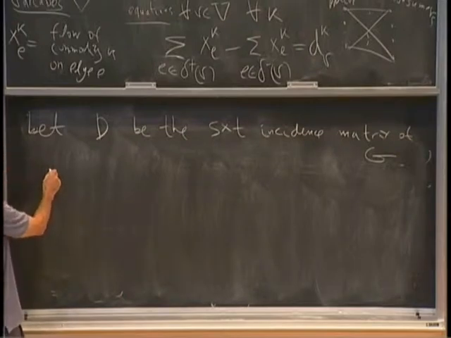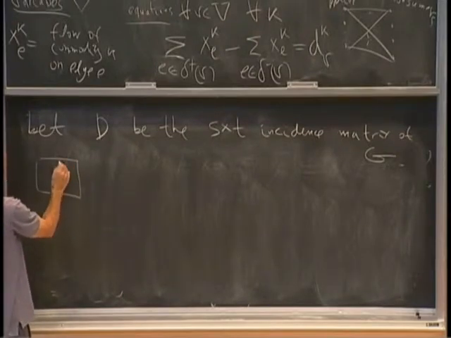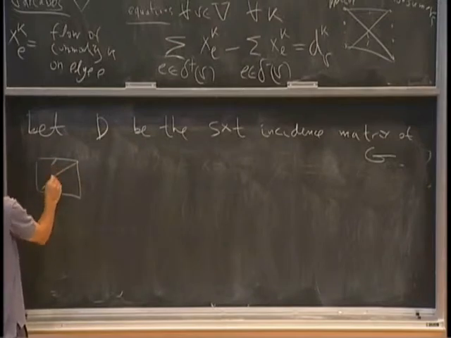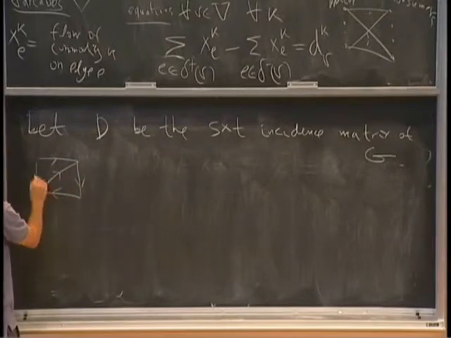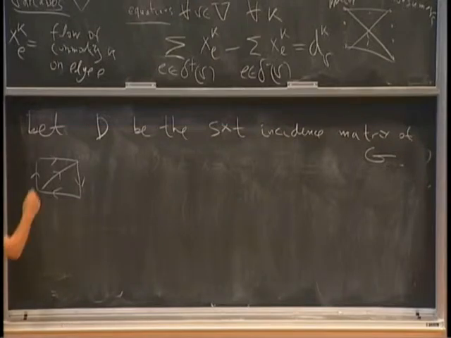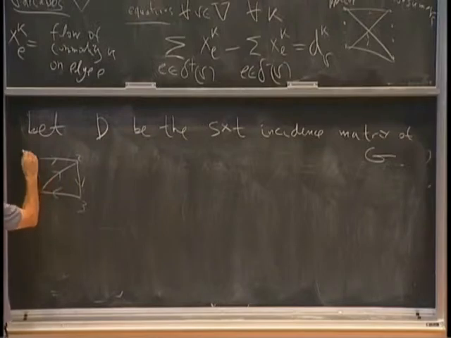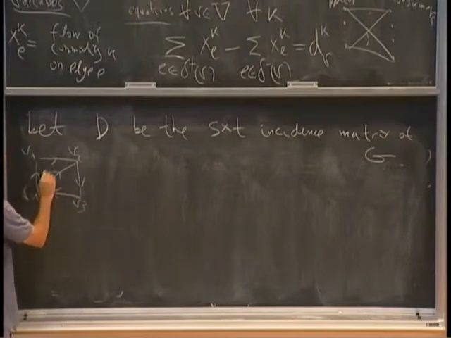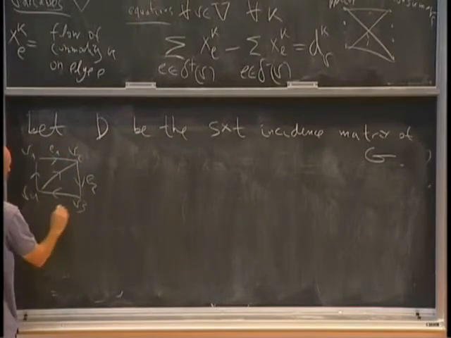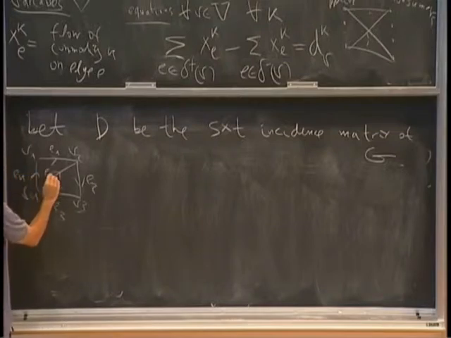So let me just illustrate. Suppose this is our graph here. Let's say a simple graph. Let's give the edges numbers now, and the vertices also. So the vertices get numbers 1, 2, 3, 4, v1, v2, v3, v4, and the edges, let's say e1, e2, e3, e4, e5.